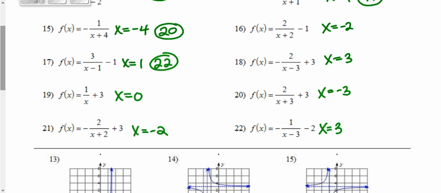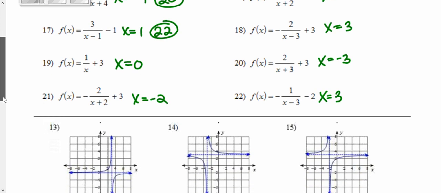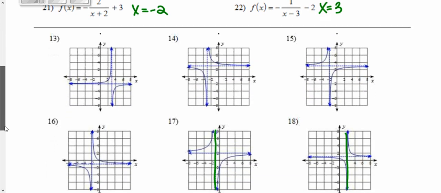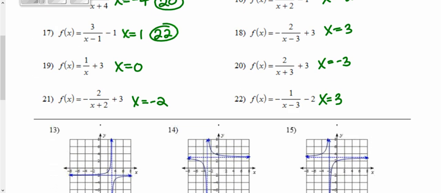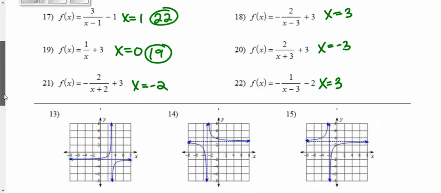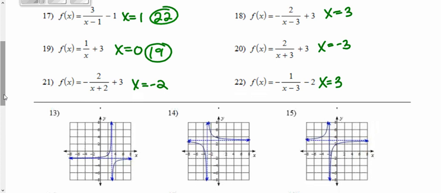18 I have to come back to, so 19, the vertical asymptote's at 0, so on the y-axis. So that would be number 19. 20, it's at -3, so it's number 14.